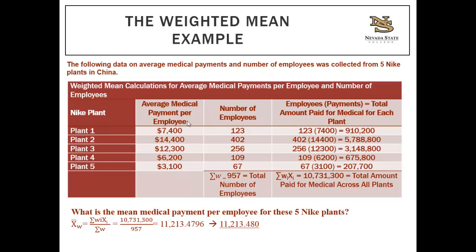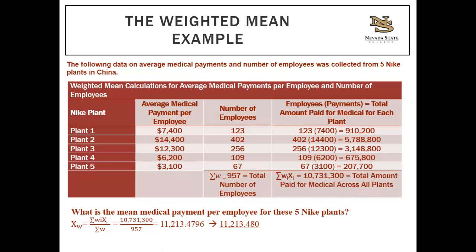So I hope that makes sense where that data is coming from and why you need to take the frequencies of each X value into account when you're trying to figure out the total sum of all the values in your data set. So if we take each value, multiply it by its weight or its frequency, then add all the way down, you end up with 10,731,300.